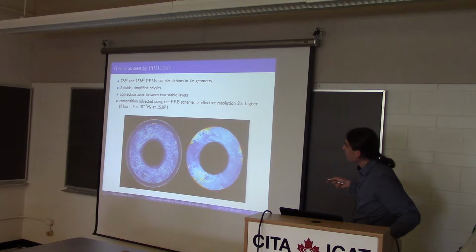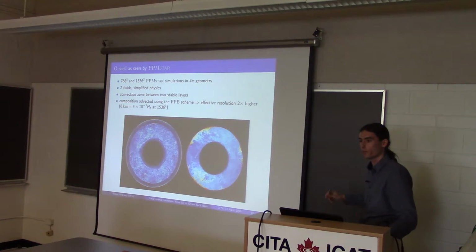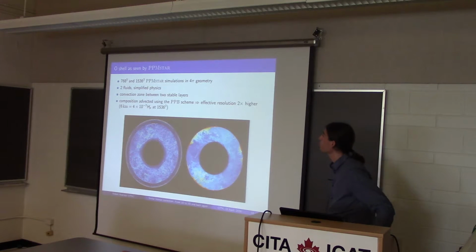It's simplified in the sense that we only have 2 fluids. One is in the convection zone and below it at the beginning, and the other is some lighter fluid on top of the convection zone.